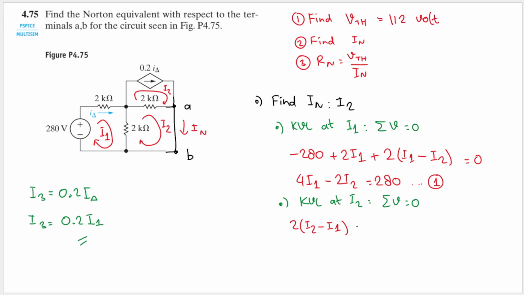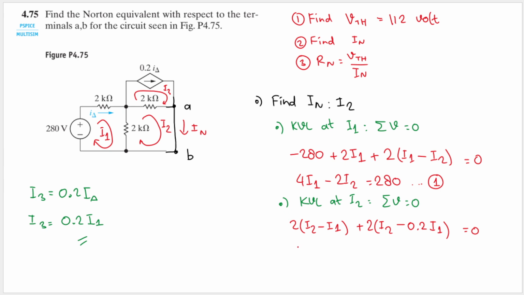And then plus, again, we will have 2 I2, but this time minus I3. However, I3 is 0.2 I1, not I2. So we'll have 0.2 I1. Good. And we only have two components here, right? So all of that will equal 0.